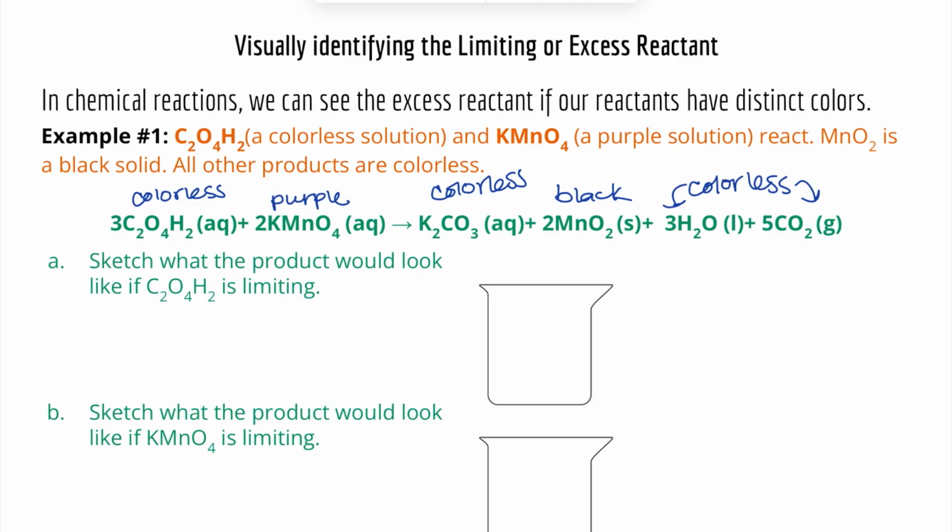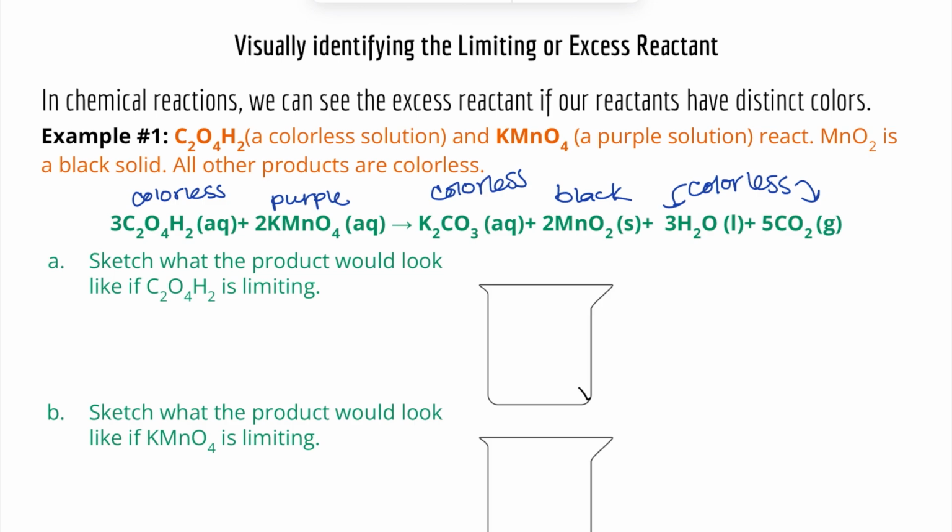And so we're now asked to sketch what the products would look like if we have each of our reactants being limiting. Let's first just start by looking at, well, what would we have, what gets produced, and how could we model that? I'm going to start with, we've got a black solid.